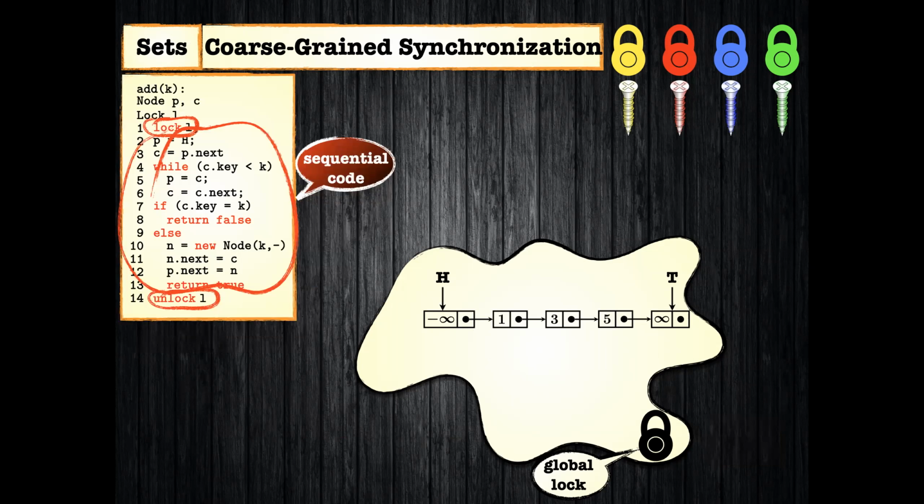And this allows us to extend, albeit naively, the simple program that we had for implementing a set in the sequential world. Now we can extend it to the concurrent world by using a global lock. If you look at the code, you see first the sequential code, which is exactly the code that we used in the sequential program that implemented the abstract data type set.